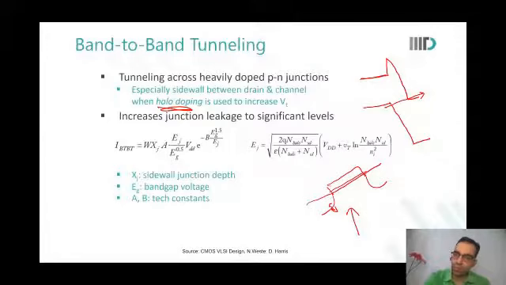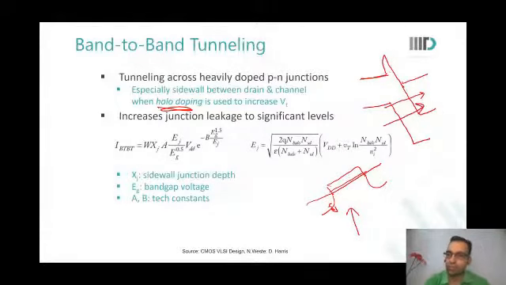Sir, why are these getting aligned, sir? Aligned means, so initially they were like this. You applied reverse body bias. Initially they were like this. Then you applied reverse body bias and they went low. So now electrons will directly move from here to here.